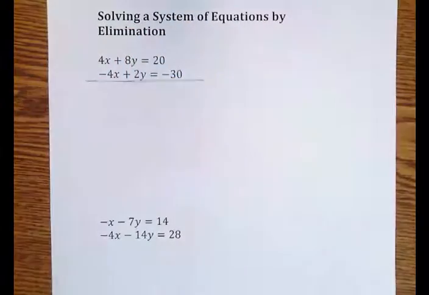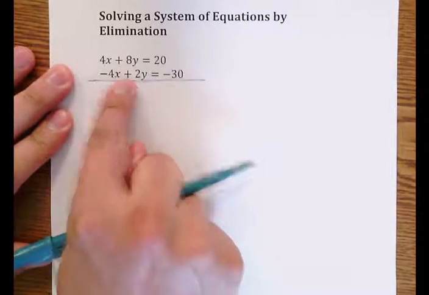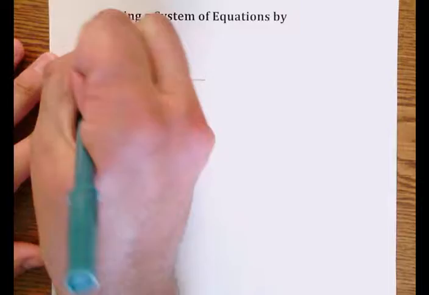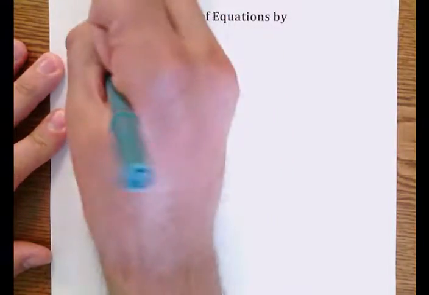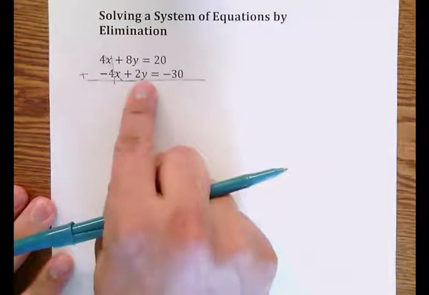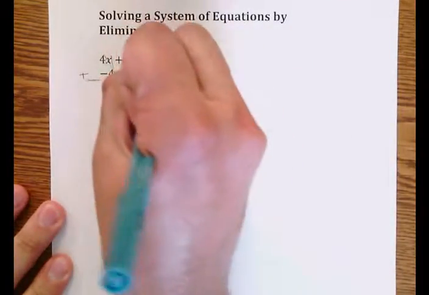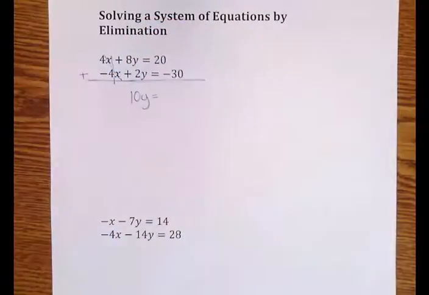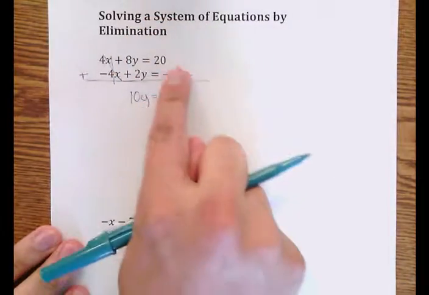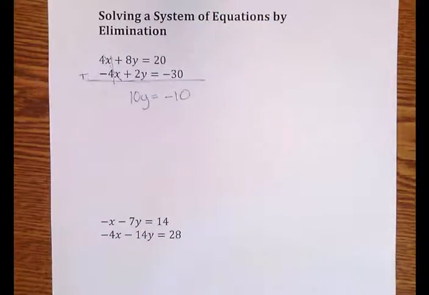We'll look at what you do if it's not set up this way in a little bit. But this one's set up really well because I have a 4x minus 4x that, if you add straight down, is 0x. Those eliminate. They're gone. For my y's, I have 8y plus 2y, which is 10y. Then I have my equal sign, and 20 minus 30, which is negative 10.